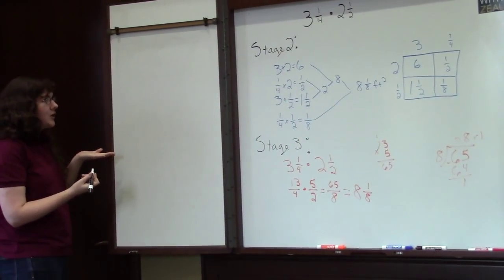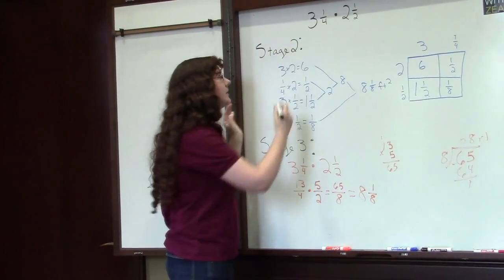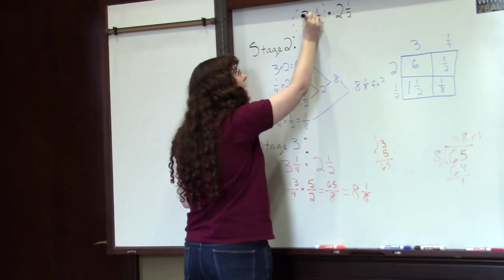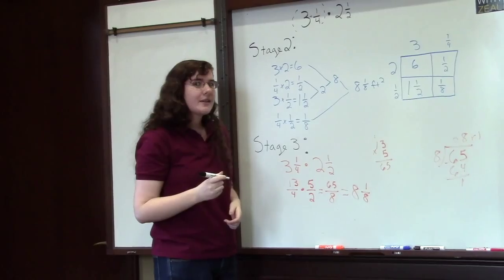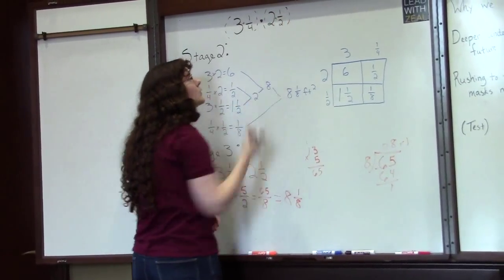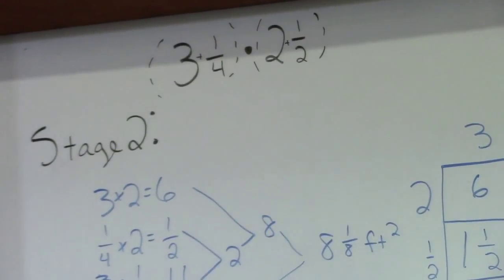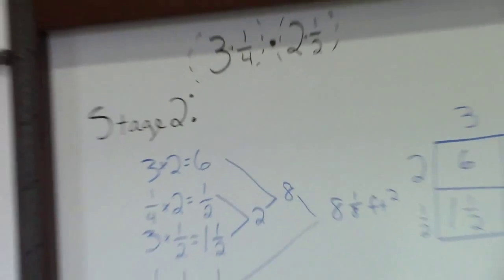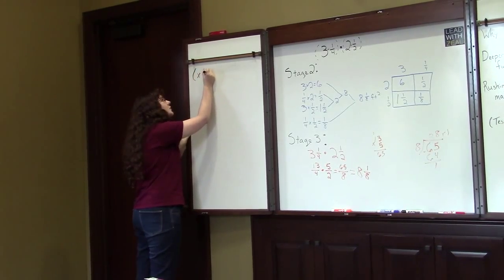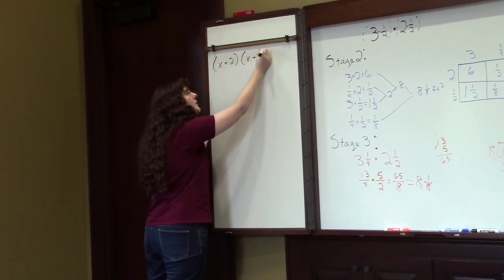For example, you might realize that 3 and a fourth, technically speaking, is 3 plus a fourth, times 2 plus a half. And the method of solving this could be awfully similar to something else multiplied, a 2-term by a 2-term, like say x plus 2 times x plus 3.